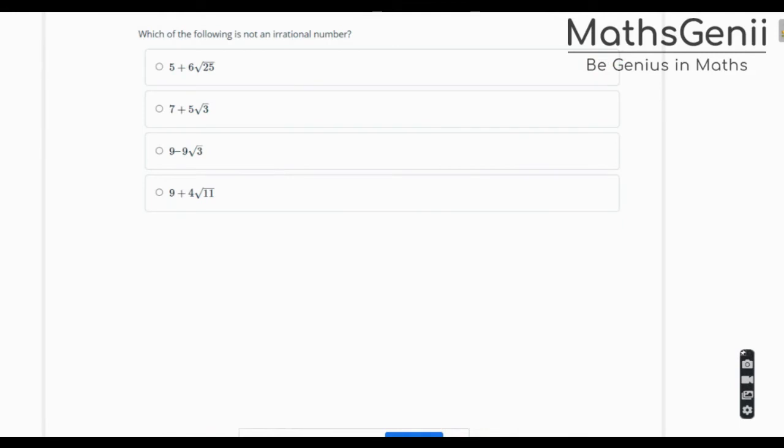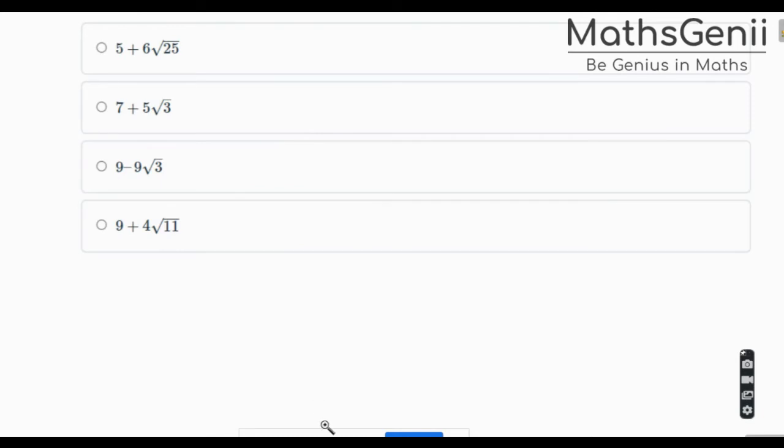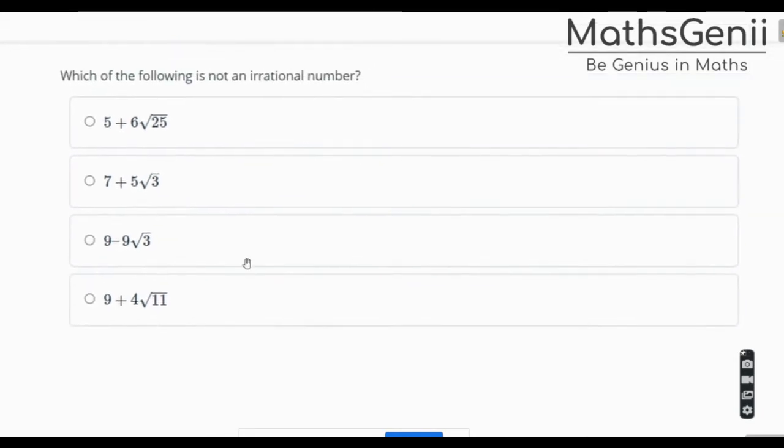Which of the following is not an irrational number? Very simple, students. Very simple. I taught you in the examples, right? All these prime numbers. I hope you guys know what a prime number is. 2, 3, 5, the numbers which do not come in any table.